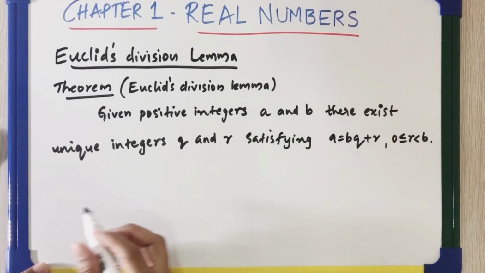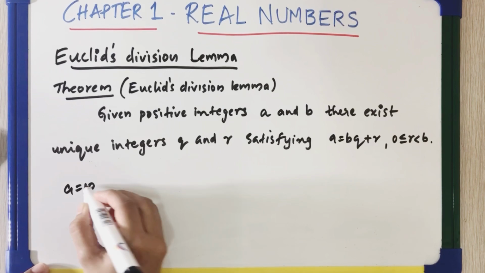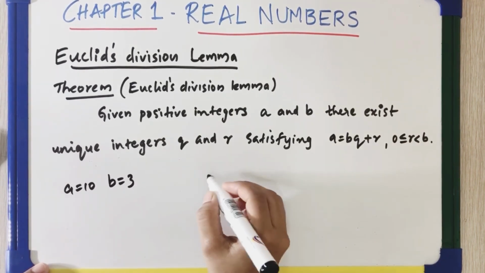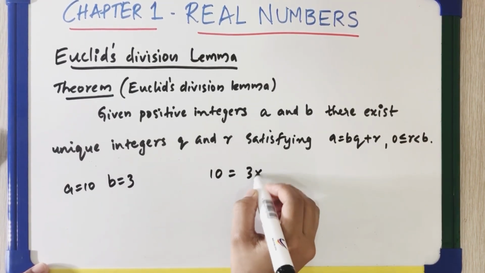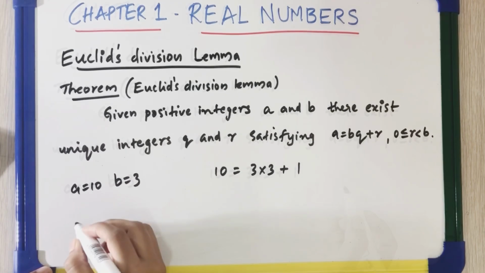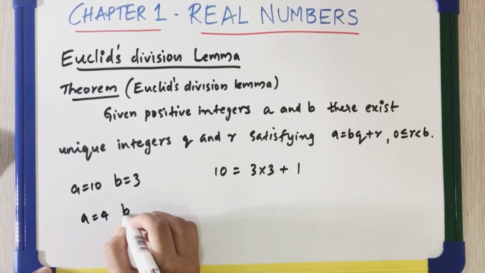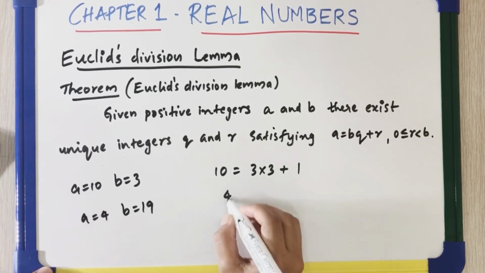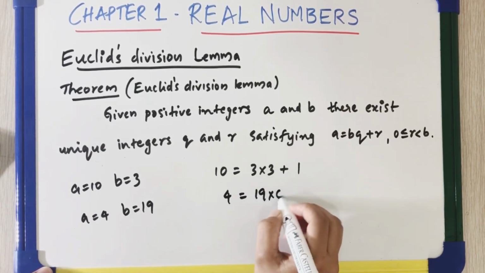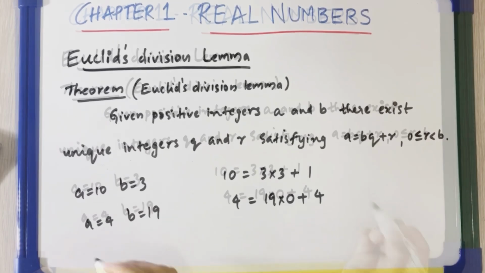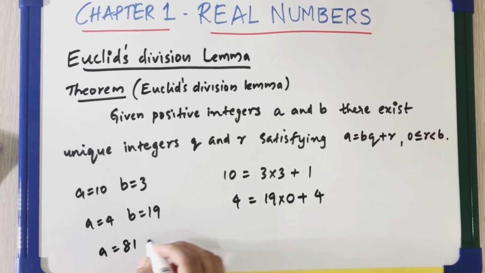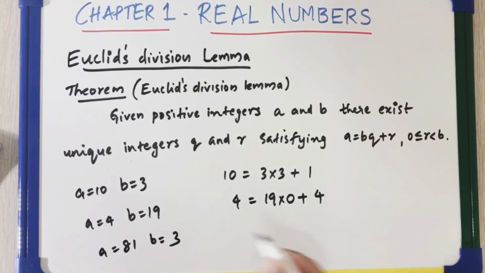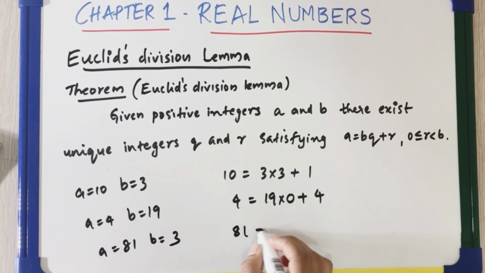For more examples, take a = 10, b = 3. We can write 10 = 3 × 3 + 1. Take a = 4, b = 19. Here a is less than b, so 4 = 19 × 0 + 4. Next, take a = 81, b = 3.